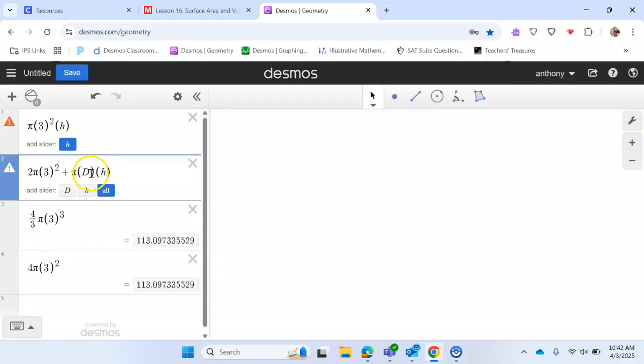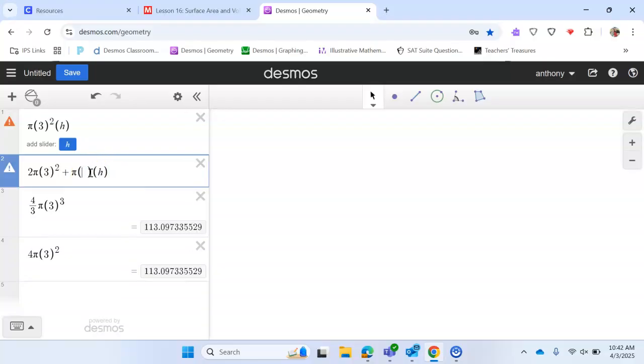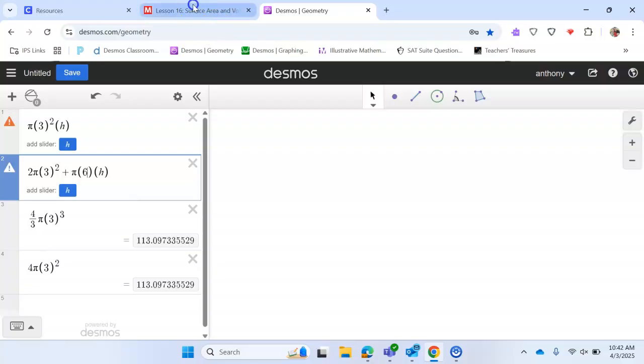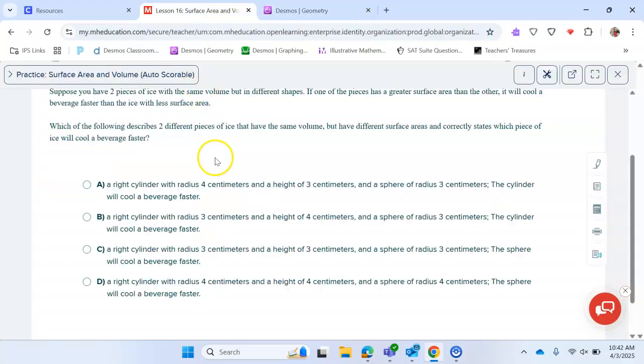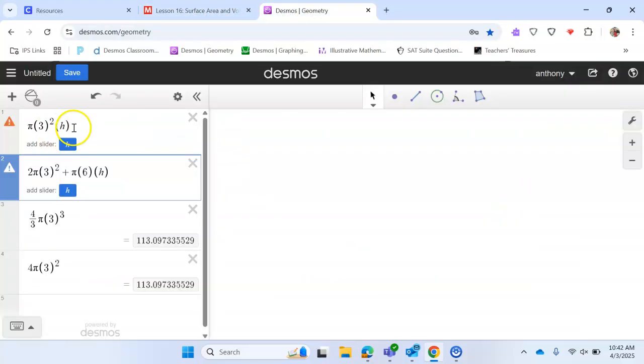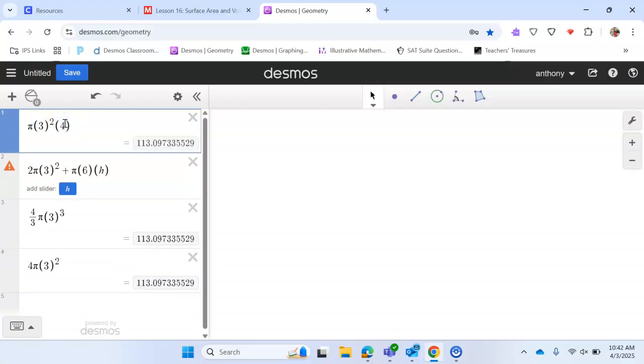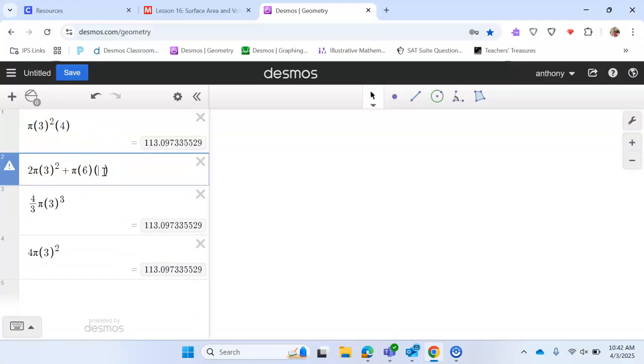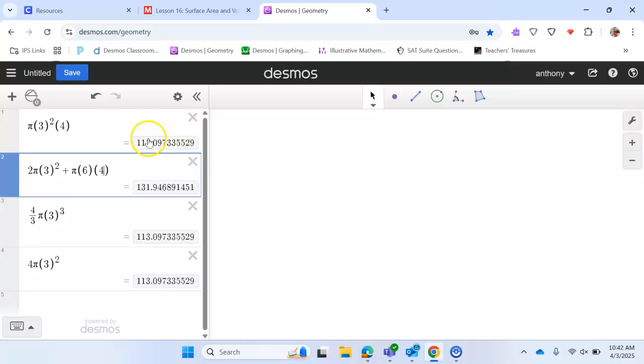If its radius is 3, its diameter would be 6, and its height 4. You can see they do have the same volume, and the surface area for the cylinder is greater.